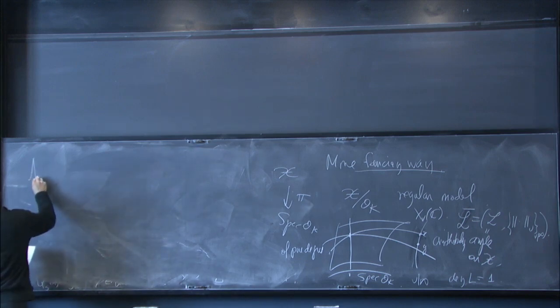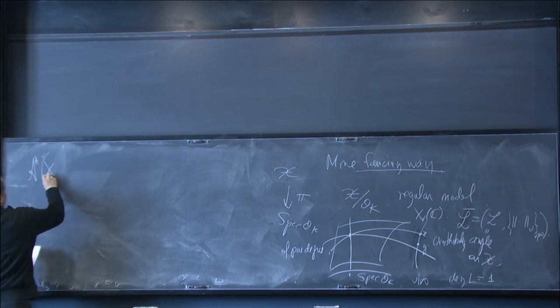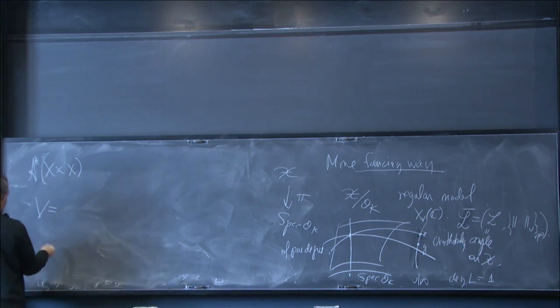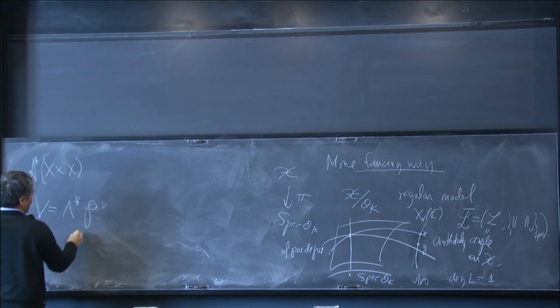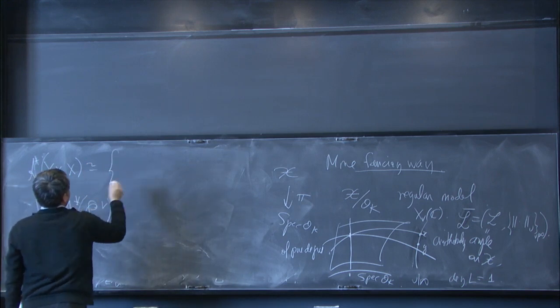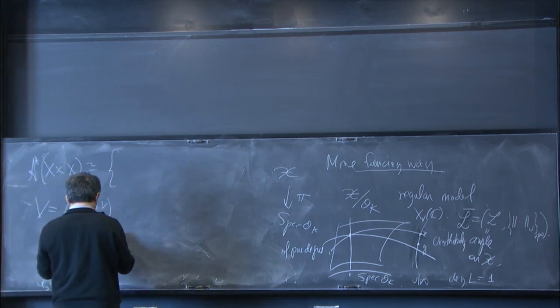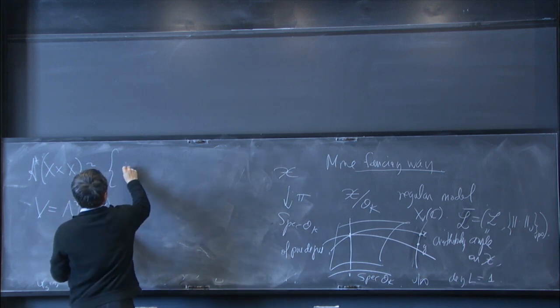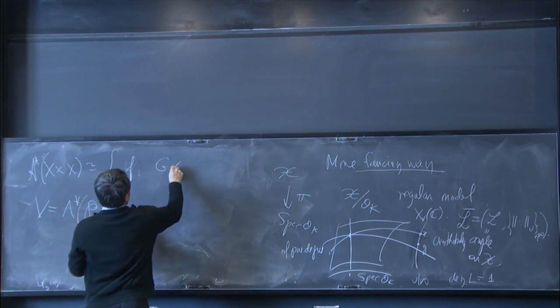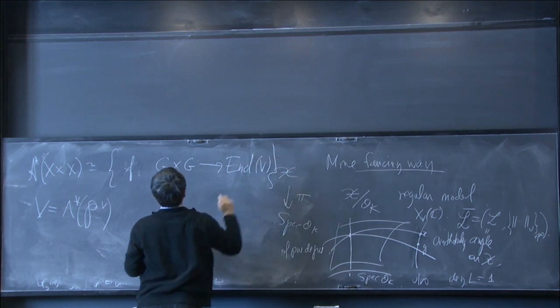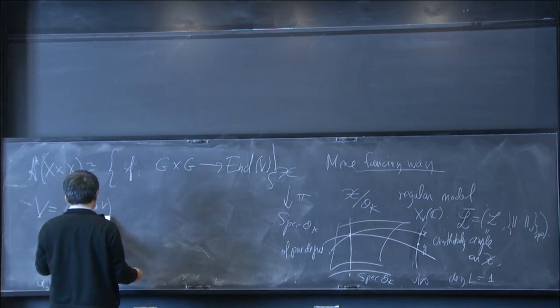Then this operator is simply, let V be the forms. So this one you can write down as isomorphic to all the functions f from G cross G to endomorphism of V, such that the usual thing happens.